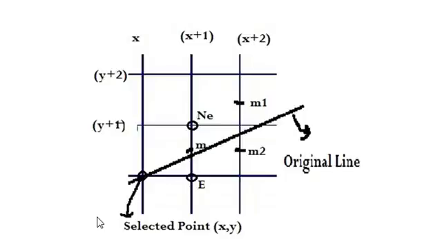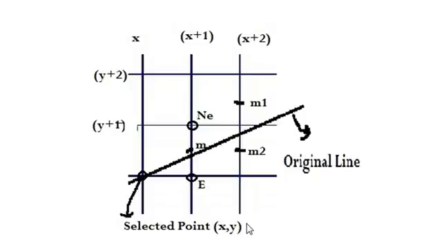Sometimes points do not exactly belong to the line. In that case we identify the nearest points to the theoretical line. So this is the start point, and we assume this is the already selected point.